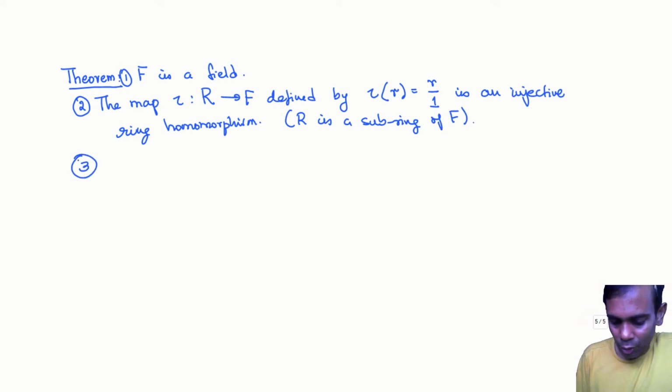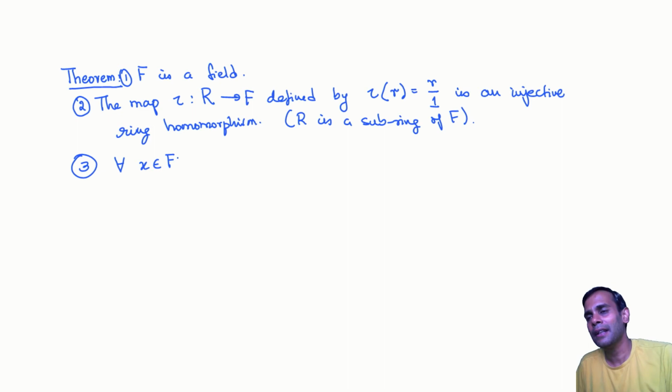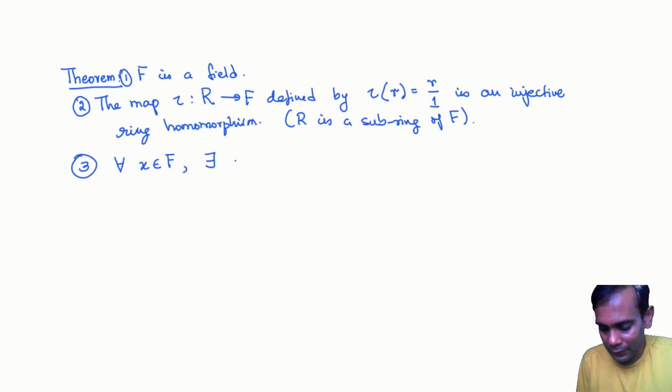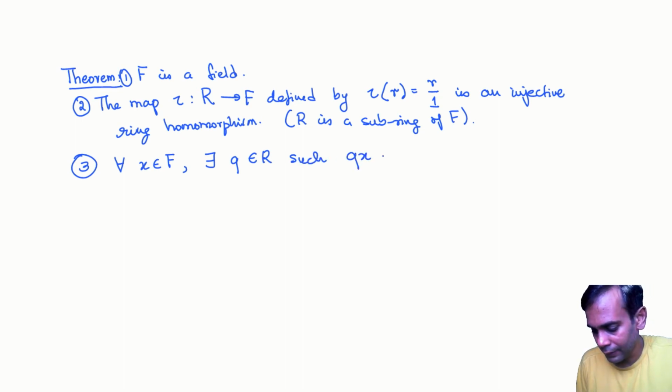And there's a third property which is worth noting: for each x in F, so if you take any element in F, then you can multiply it by some element of R. There exists Q in R such that Qx is equal to iota p for some p in R.